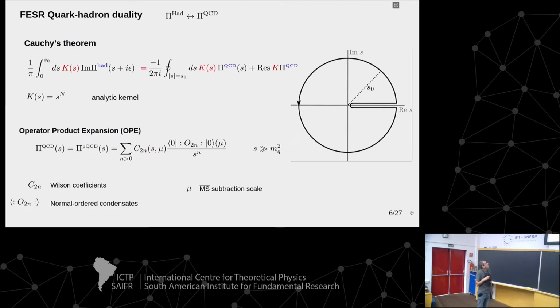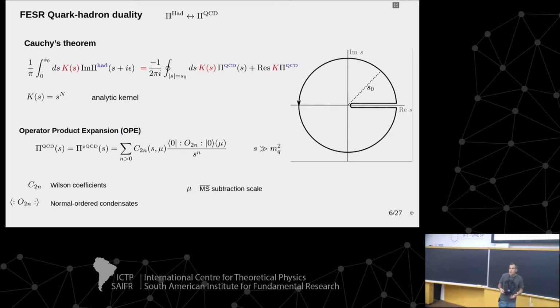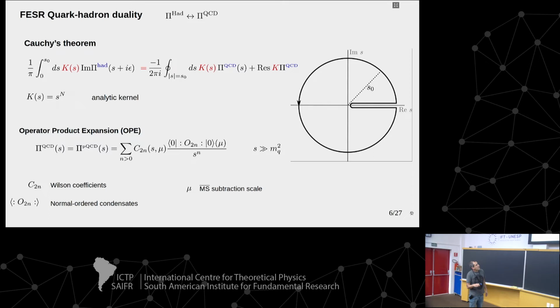So, how do we match the hadronic sector with the QCD sector? Basically, this is the Pac-Man contour. And we say that the hadronic degrees of freedom live over here, and the quarks on this circle, of radius s_0, the hadronic threshold, to ensure that the QCD never touches the real positive axis.